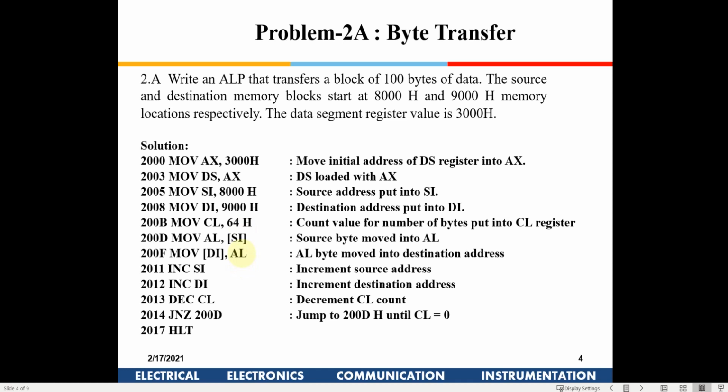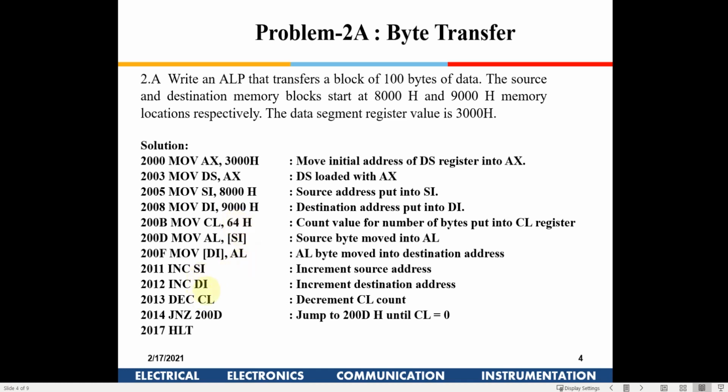Now we also need to do some changes. So now what about this? Do I have to increase SI 2 times? Yes, sir, add 2. So in both, and decrease by 2. Yeah, these two: we need to increase SI by 2 and DI by 2, and we need to decrease CL by 2, or alternatively in CL we can write 32 instead of 64, right?